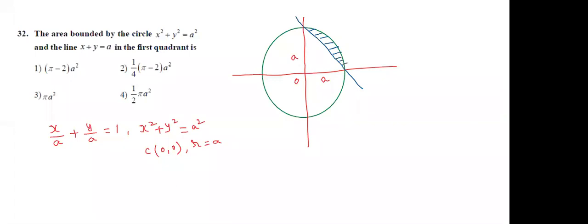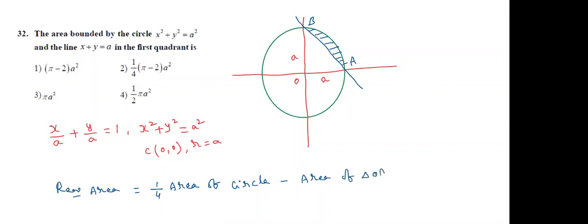Students, how to find out the required area? Tell me. Required area is equal to 1 by 4th of the area of the circle minus the area of triangle OAB, where this is point A and this is point B. Then we get that shaded area. 1 by 4th, what is the area of the circle formula?